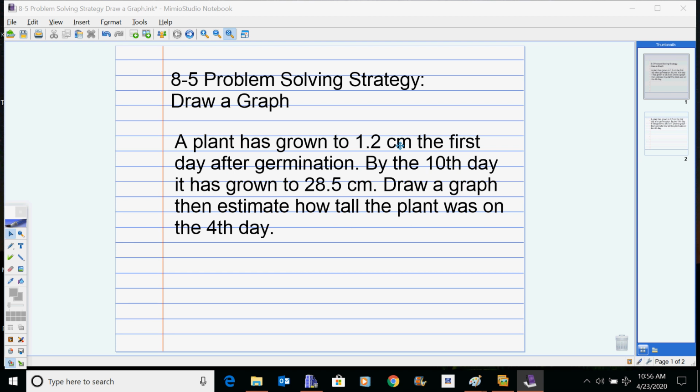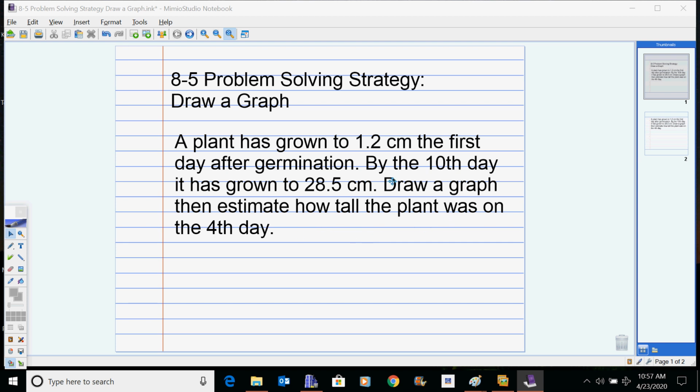We have a plant that after the first day has grown to 1.2 centimeters, and by the 10th day it's grown to 28.5 centimeters. So you have a good solid idea in your head as far as what is happening. In order to figure out new information, we're going to draw a graph and then use that graph to estimate how tall the plant was on the 4th day.